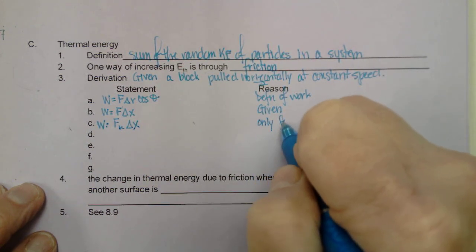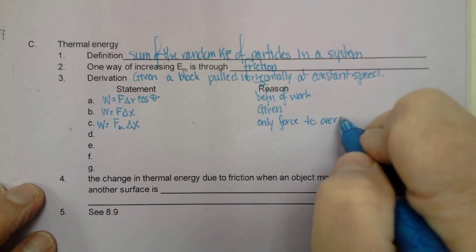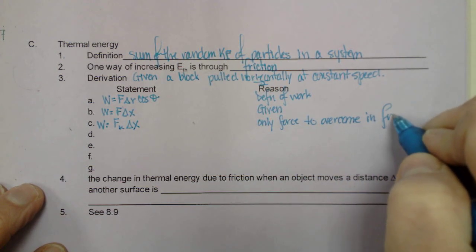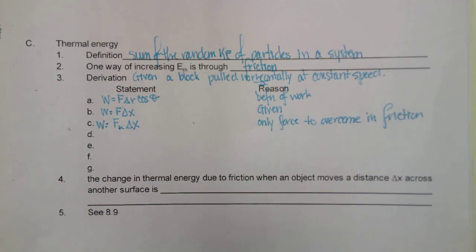The only force to overcome is friction. I have no other forces acting on this since I'm pulling horizontally. I don't have to worry about weight. I don't have to worry about the normal force or the force of contact.